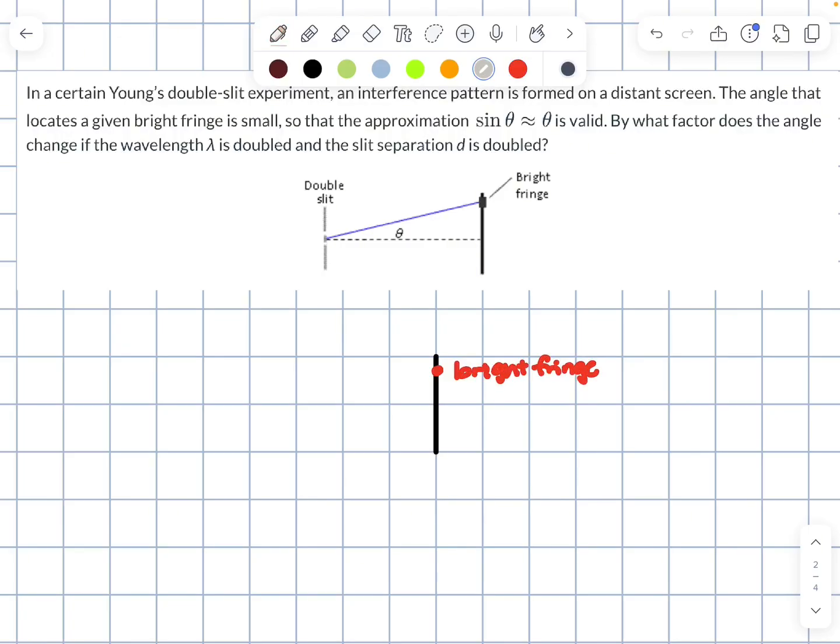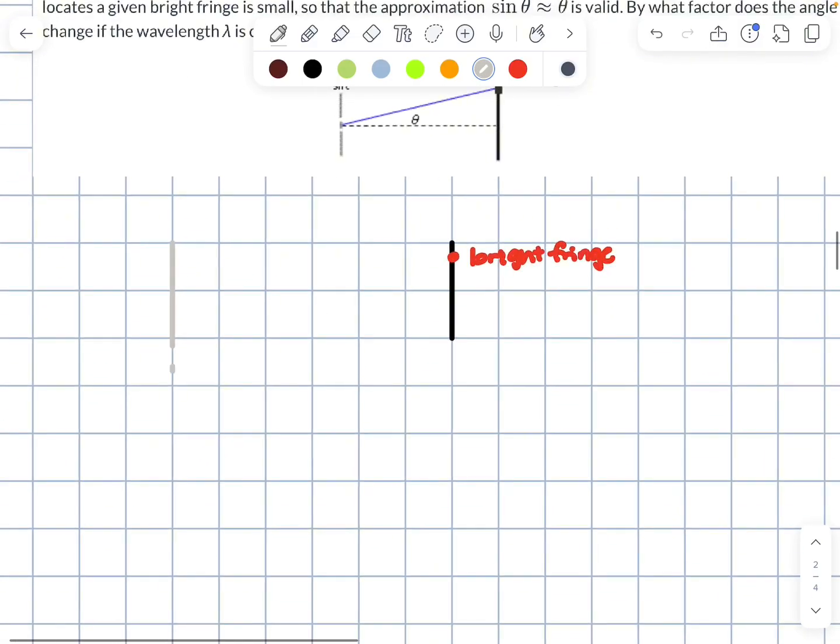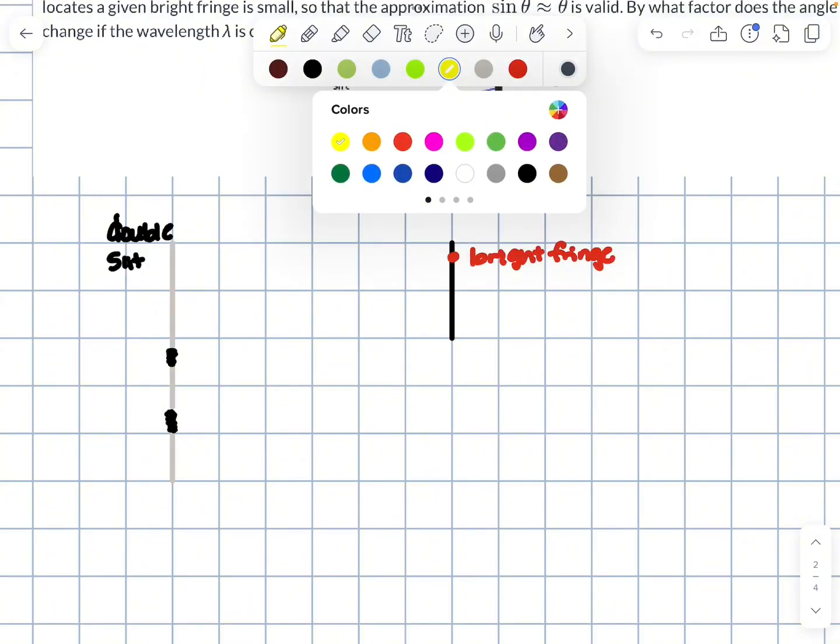And then we also have this double slit here. This could be the openings, the slits. Okay. This is the double slit. And so then we have this here, which is the light. I feel like the light could be in a yellow color.